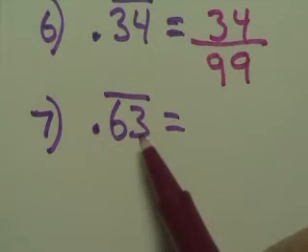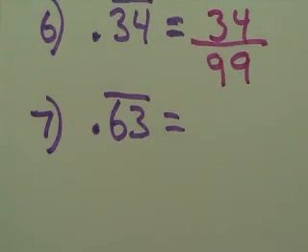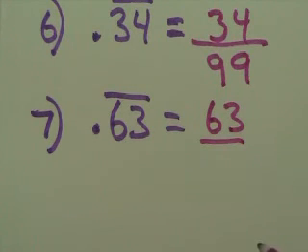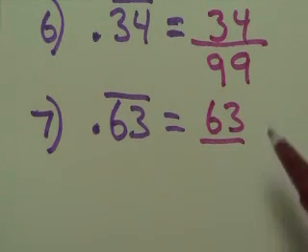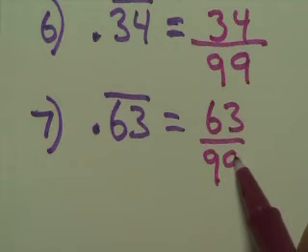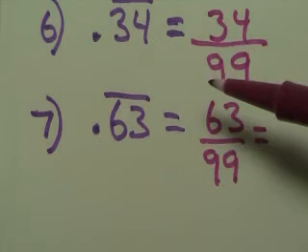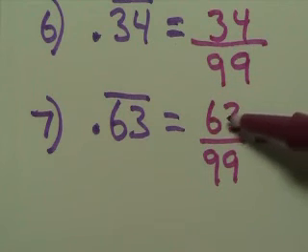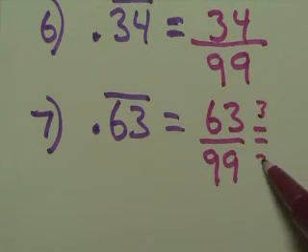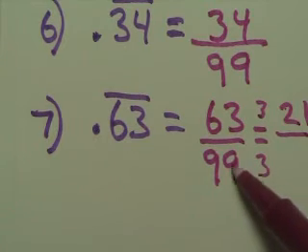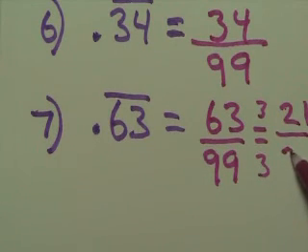Okay, now we have 0.63 repeating. So that's going to be 63 over, what, 100? No, 99. And I think that 3 will go into both of these. 3 goes into 63 21 times, and 3 goes into 99 33.